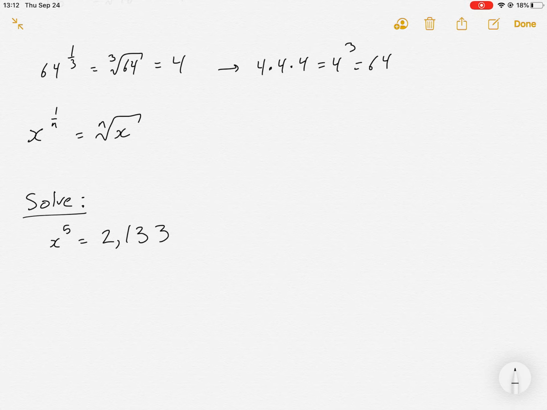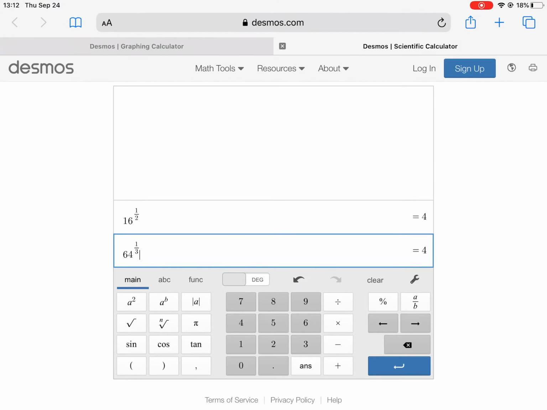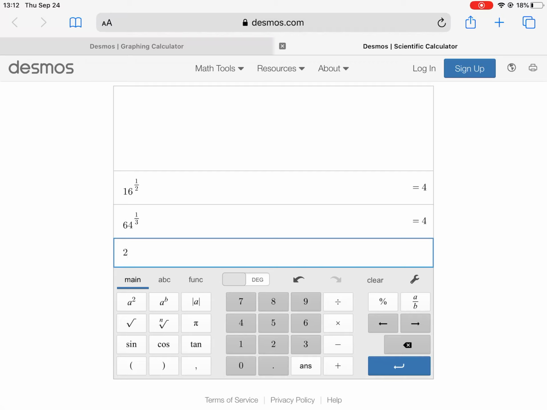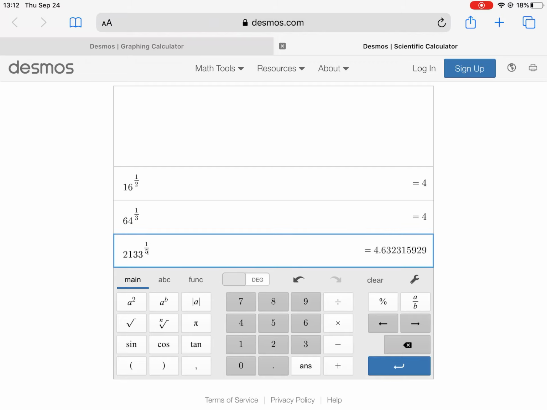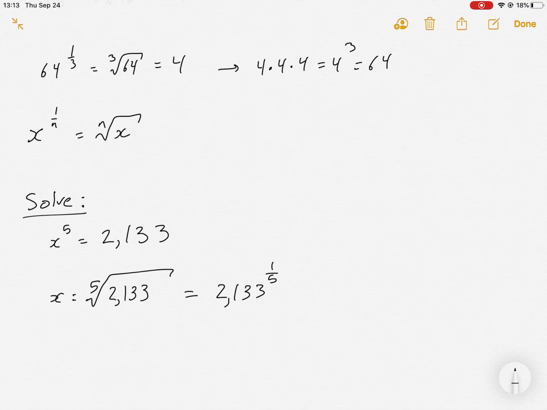In order to solve this, you can either take the 5th root, which is sometimes kind of inconvenient on a calculator. So another way you could do it is to say 2,133 to the power of 1/5. You'd get your calculator out, and we get about 4.632, we'll say.